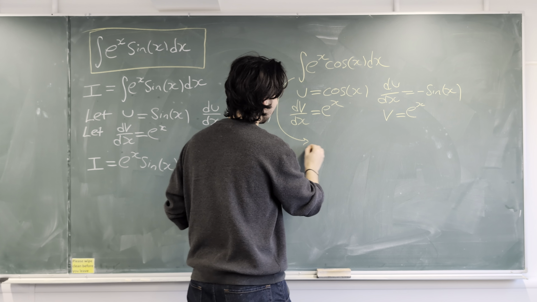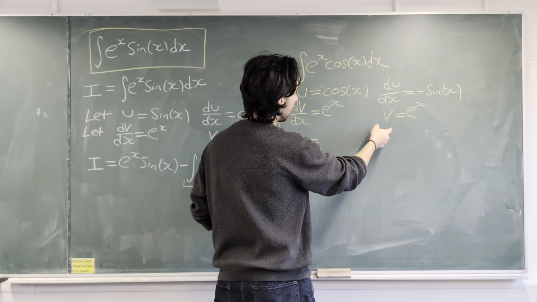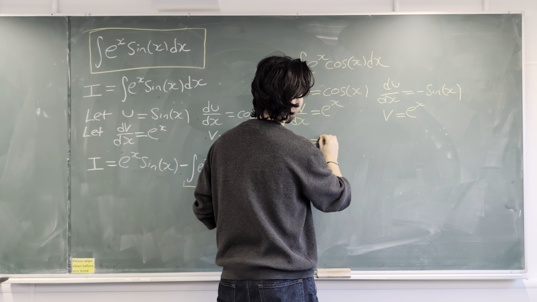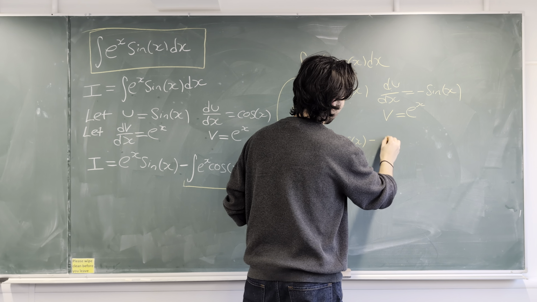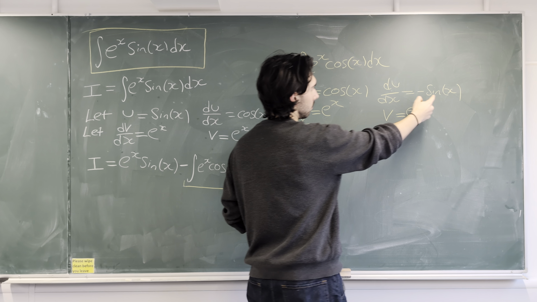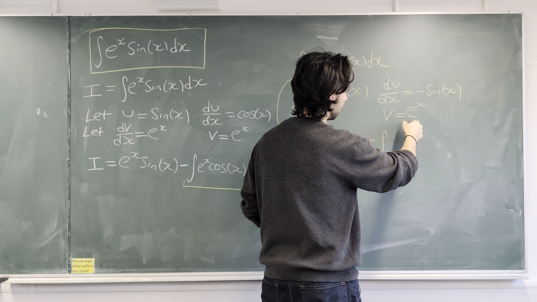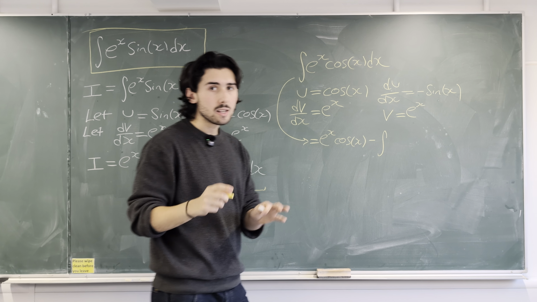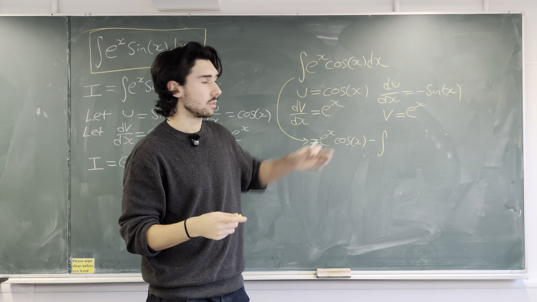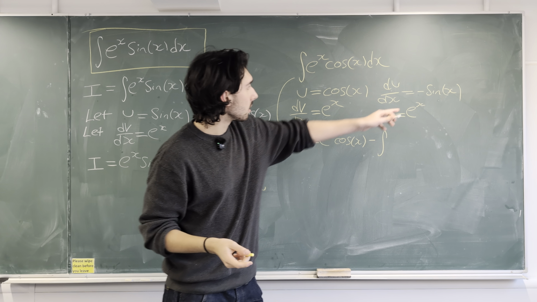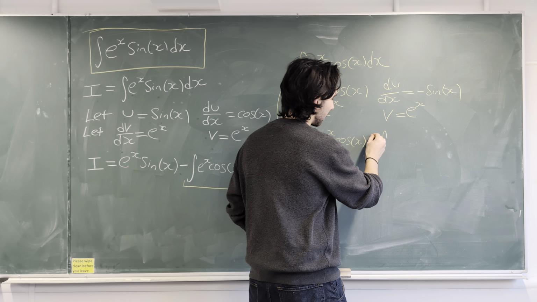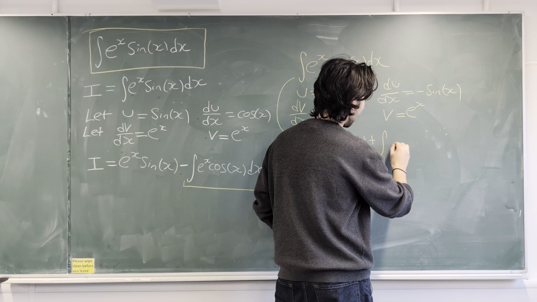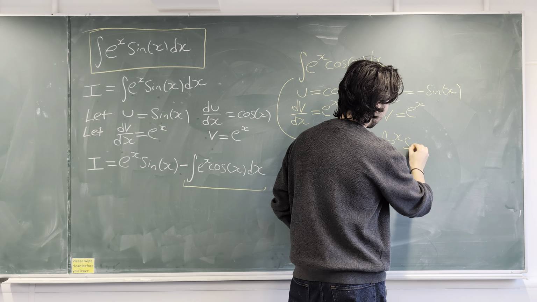So this integral is equal to u times v, so e to the x times cos x, minus the integral of minus sine x times e to the x. Minus sine x times e to the x obviously has a minus in it, so I'm going to take the minus one out, make this become a plus, and write e to the x sine x here.